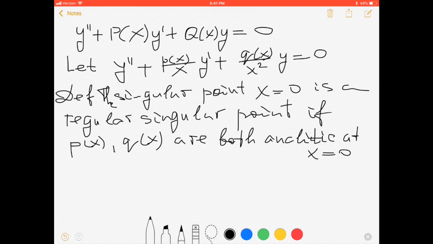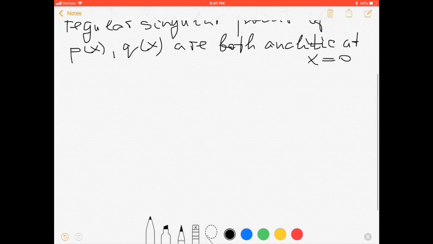Otherwise, this point is called an irregular singular point. This means if not, the point is called an irregular singular point. Okay, let's see some examples.